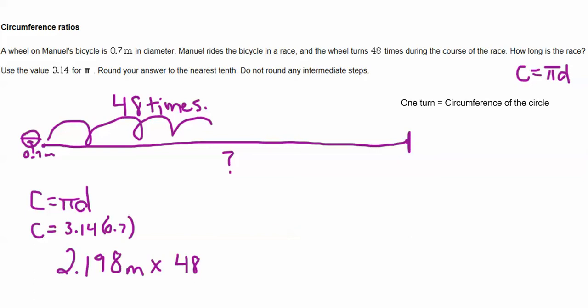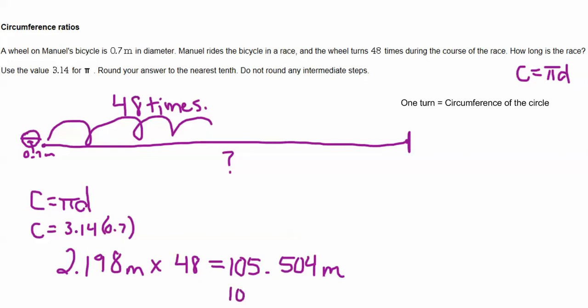and that gives us 105.504. And that is distance, so our label will be meters. However, I forgot to round to the nearest tenth.